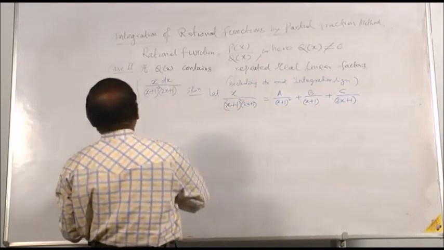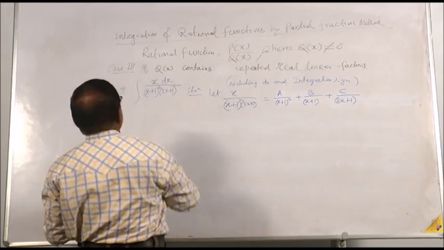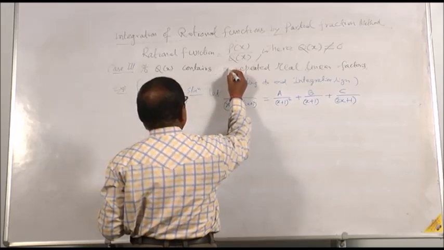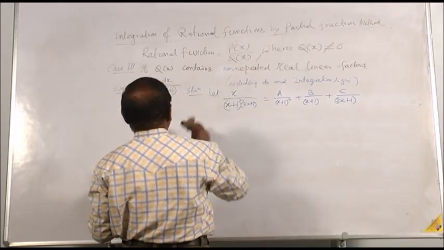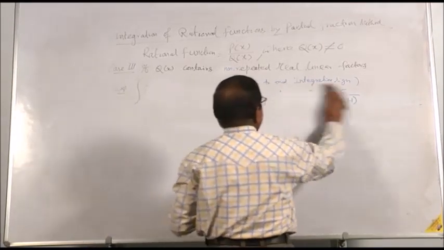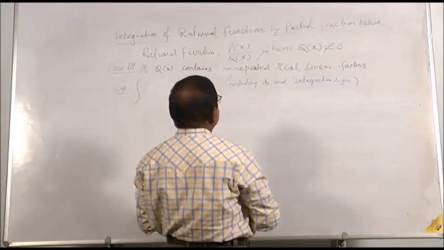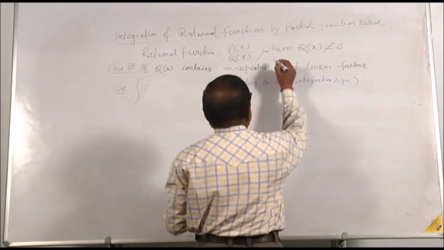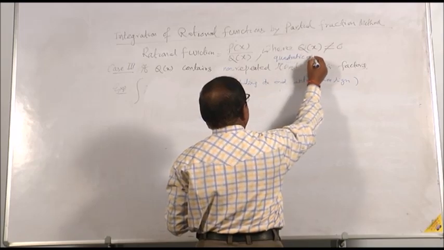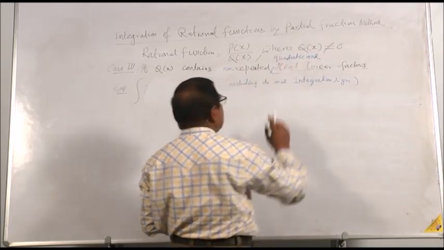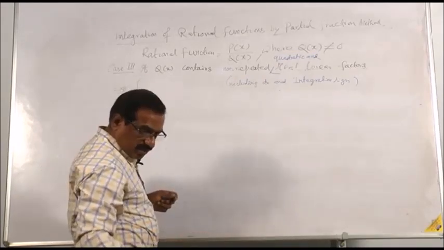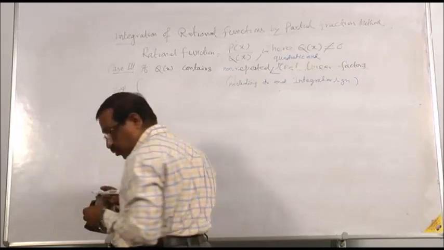Now let us take case 3. If Q(x) contains non-repeated quadratic and real linear factors. We have to take an example so that our doubt will be clear.